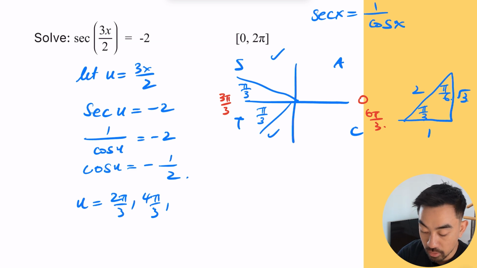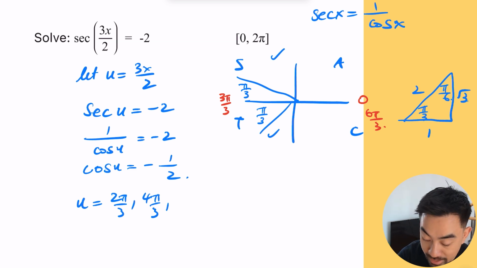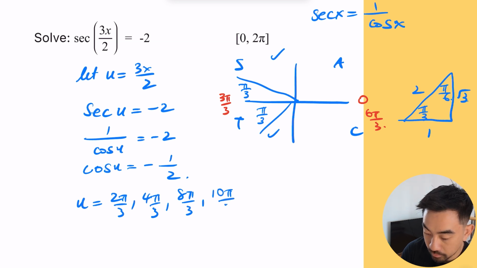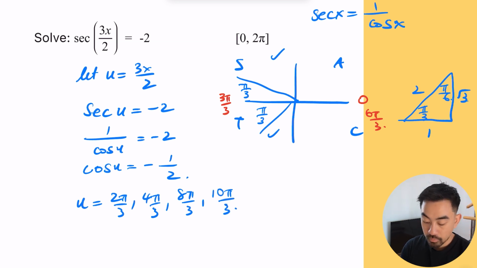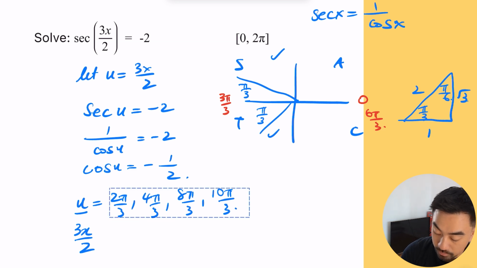Now, because I'm going 1.5, or for our sake, we're going twice around the circle, I'm going to add 2 pi to both those solutions. So that's going to be 8 pi on 3 and 10 pi on 3. Okay, so now we need to replace the u with 3x over 2 because we made that substitution.